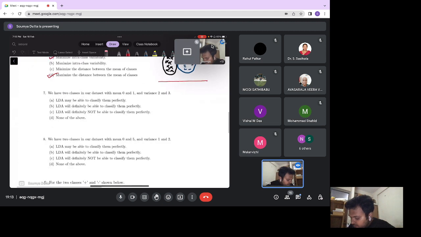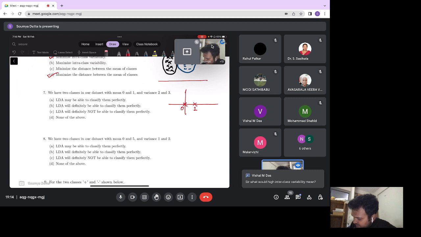Then we have two classes in our data set with means 0 and 1 and variances of 2 and 3. So if you plot this, this is the mean of one class, 0, and this is the mean of the other class, which is 1, and you have variances of 2 and 3.